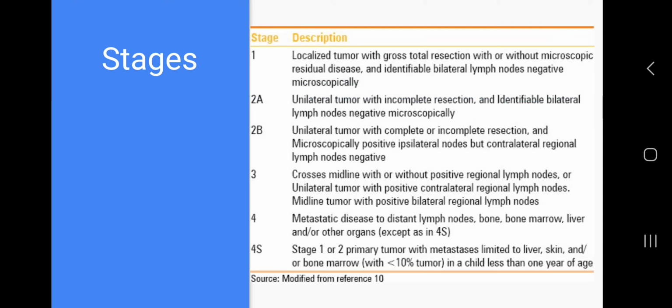So that just means it starts where it is, with metastases limited to the liver, skin, and bone marrow. And these are normally in a child of 1 year. So as I said, 1 to 4, 1 being least progressed, 4 being most or worsened condition.